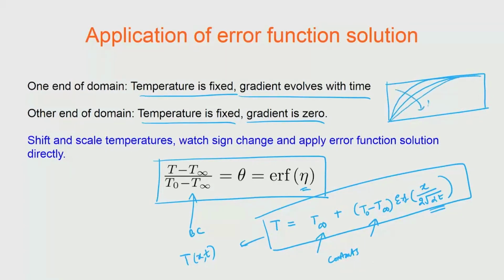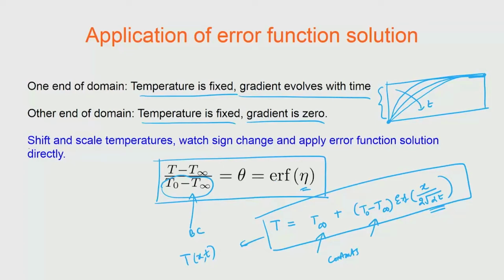The gradient is changing on one end, but it is 0 at the other end, and the values are fixed on both ends. In such situations you can use the error function, and the way to do it is to scale this difference to be the magnitude here and immediately write down the answer as the error function of eta. Okay, so, this is as simple as that.